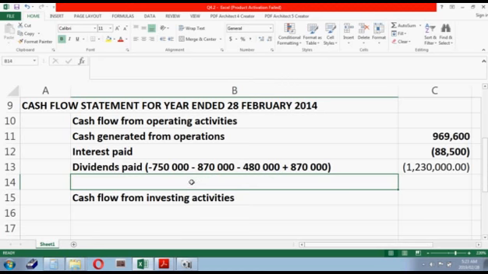The next portion, if we know the structure of our cash flow statement, is the taxation paid. And if we can manage dividends paid, we know how to do the taxation paid. The same principles apply. We start with the amount reflected in the financial statements, in particular the income statement.